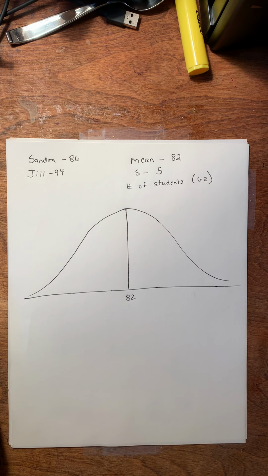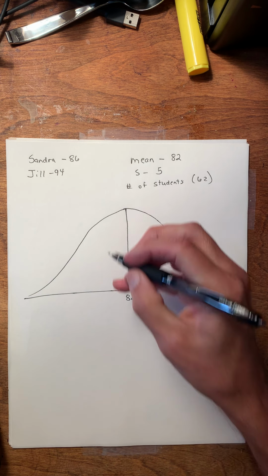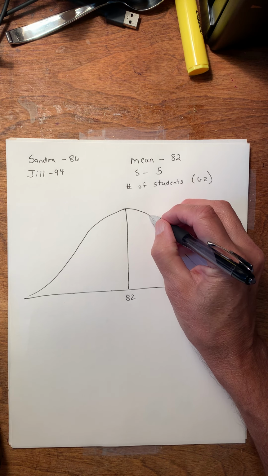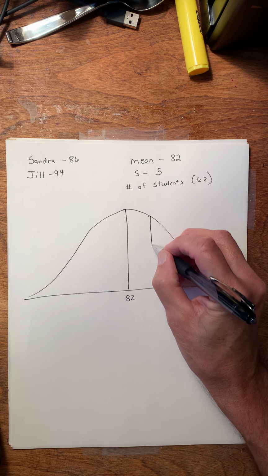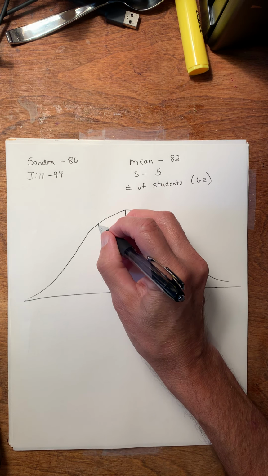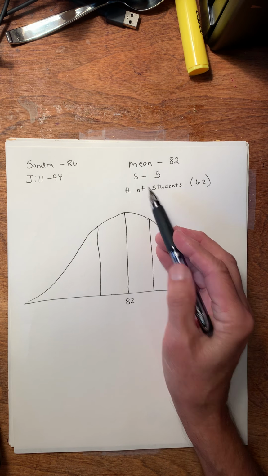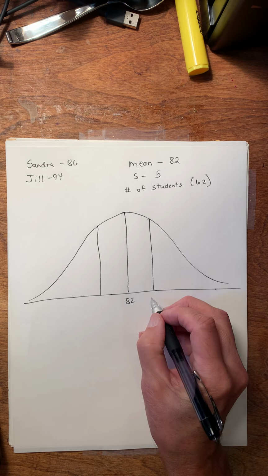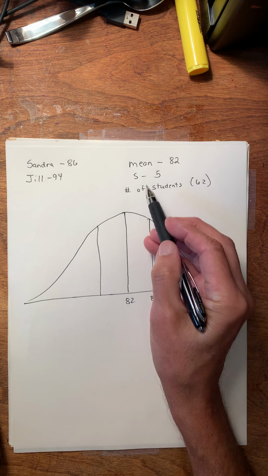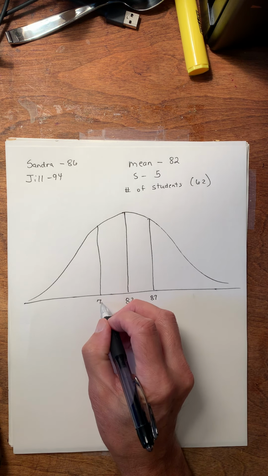And one thing that, let me find the page in your textbook that illustrates this. And it's page 46, shows you that one standard deviation on each side of the mean, and the standard deviation is 5, so that's 5 above up to 87, and 5 below, that's down to 77.